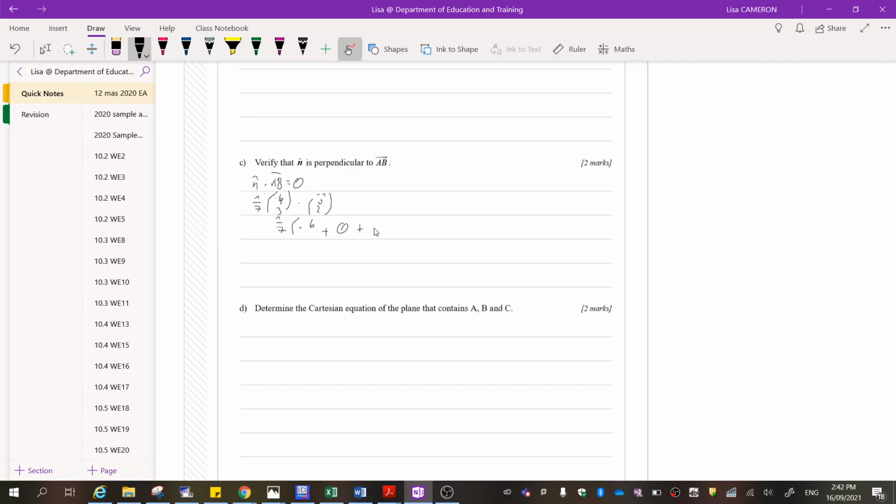And 3 times 2, 6. So add them all together. That just leaves us with 0. So 0 times 1/7 equals 0. Therefore, it's true.